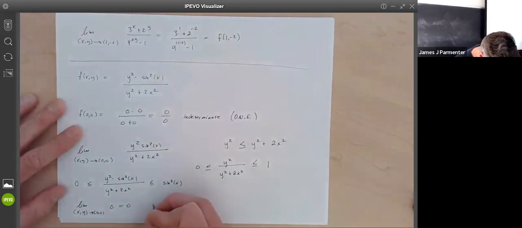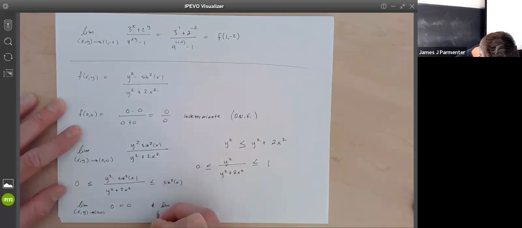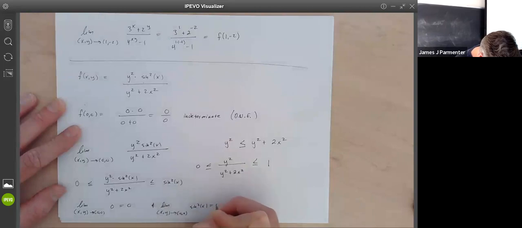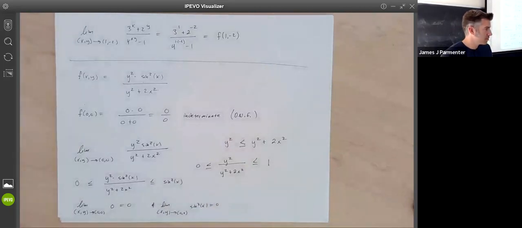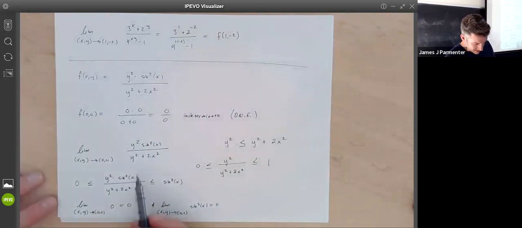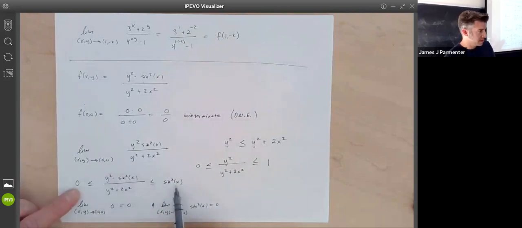It's also true that the limit as (x, y) goes to (0, 0) of sin²(x) is equal to 0, because as x goes to 0, sine goes to 0. And so since this thing is in between these two things, and both of those have a limit that's 0, it has to go to 0 as well.